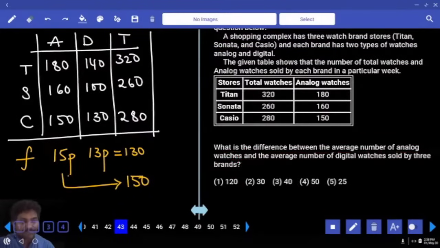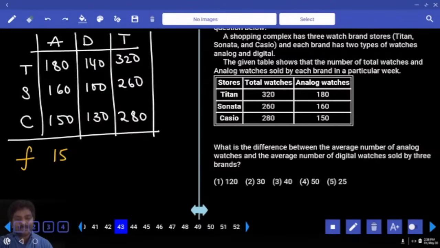What is the difference between the average number of analog watches and the average number of digital watches sold by the 3? Difference between averages. See, when you look at the data, always analog is more than digital. First of all, you have to calculate the average for analog, the average for digital, and then take the difference.